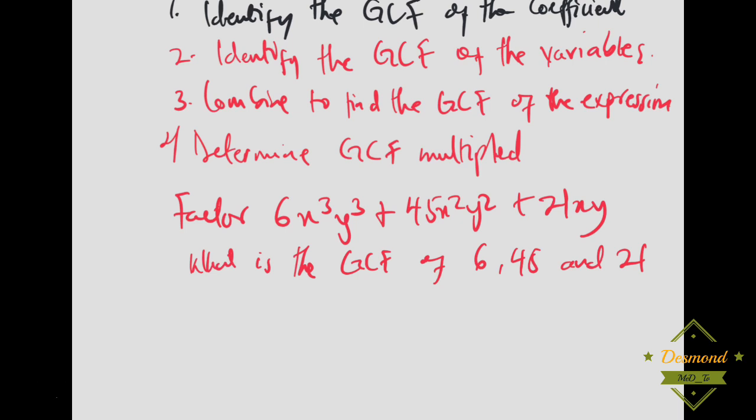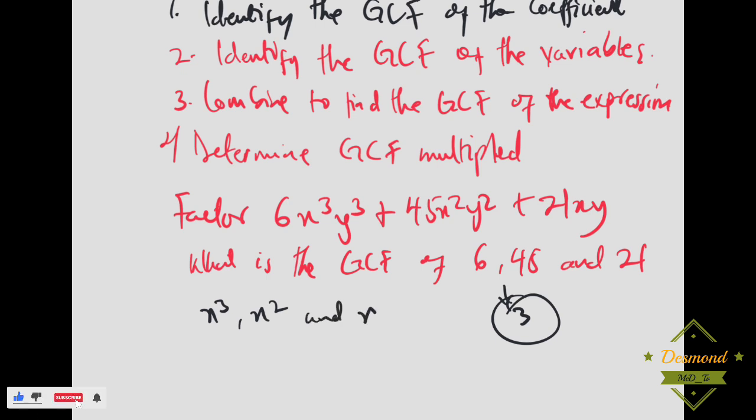And the GCF of the variables, which are x cubed, x squared and x, you can see that the GCF of that is also x. I hope you got it.